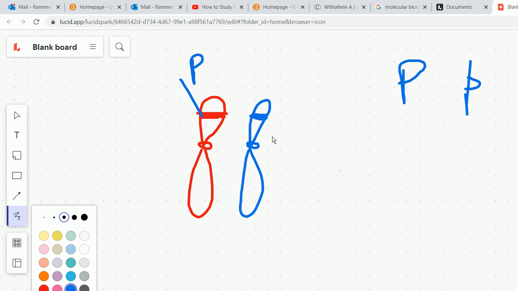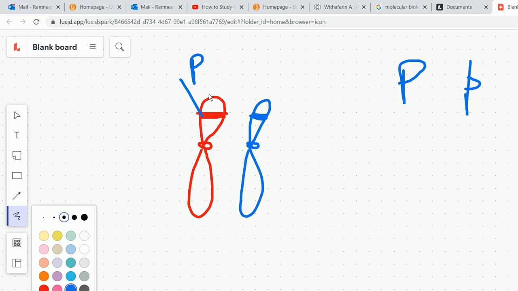Now as you know that the chromosomes, they are in pair, right? There are two alleles for every character. Now this is the maternal chromosome, this is a paternal chromosome. If the allele on maternal chromosome is capital P, it means it is coding for which color? Purple color.